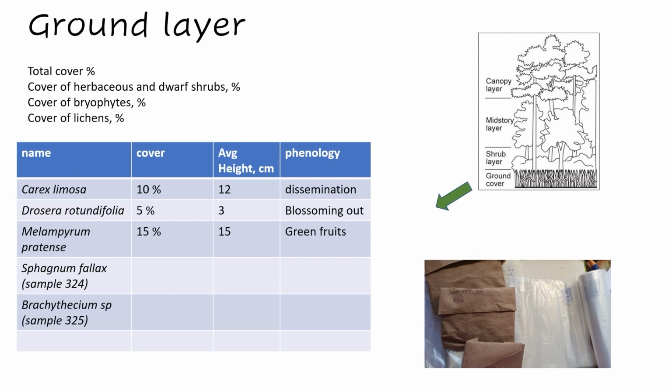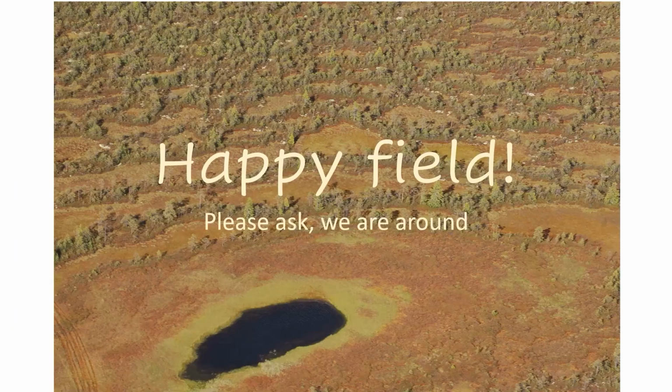And now we are on the ground, and this is the end of the vegetation relevé, which consists mostly not of vegetation but of preparation. But this is the particularity of peatland survey.